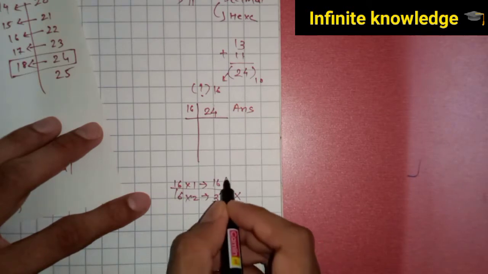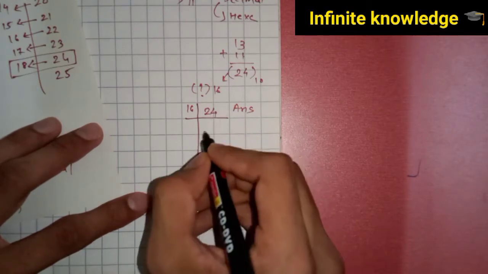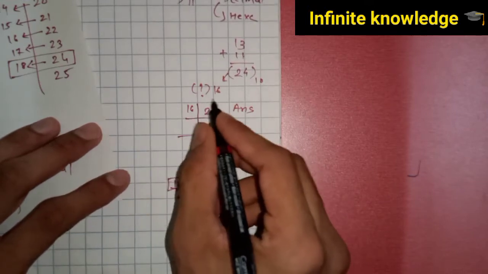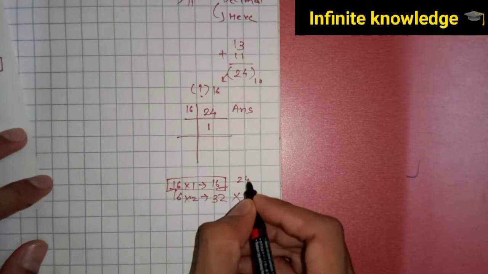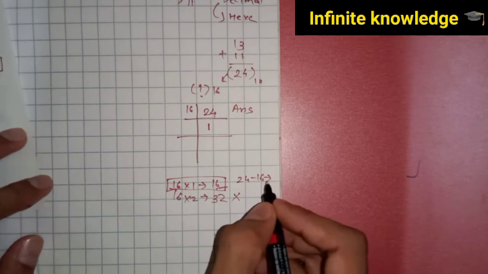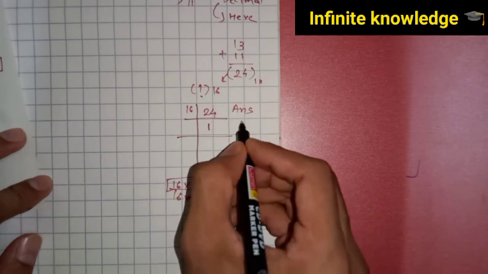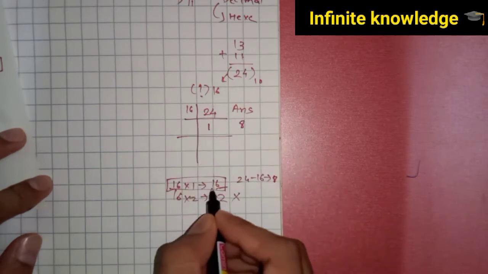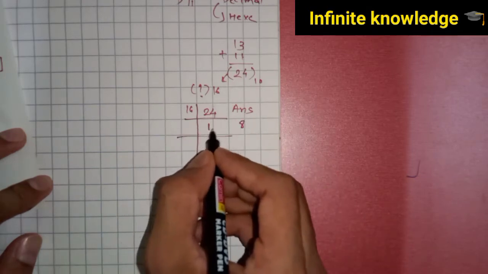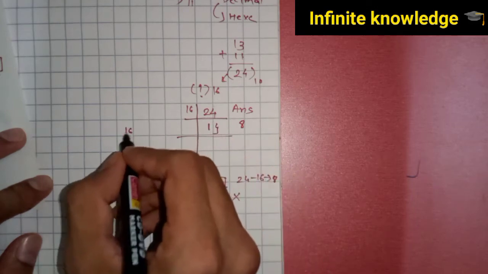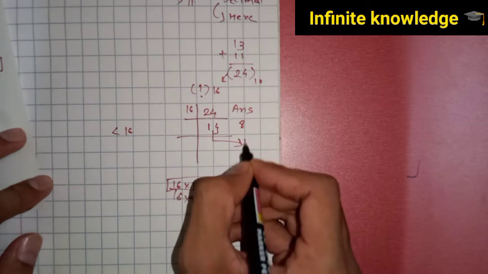You use 16 into 1 is 16. Here is 24, so 24 minus 16 gives 8. So I write 8 here. Now if any number is less than 16, then write that number directly here.